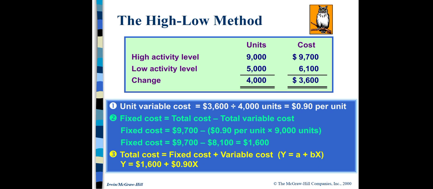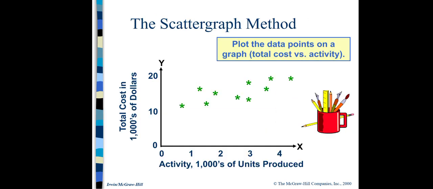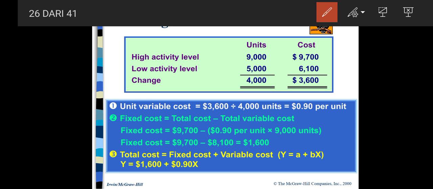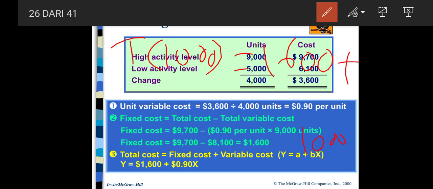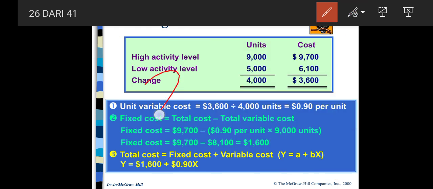Nah, jadi untuk mengetahui total costnya, misalnya X-nya, produksinya 1.000. Jadi total costnya dari 1.000 tadi sama dengan 1.600 ya kan, ditambah 0,9 dikali 1.000, berarti ini $900. 900 ditambah 1.600 berarti itu adalah $2.500.